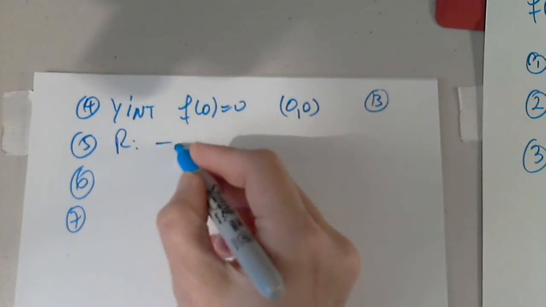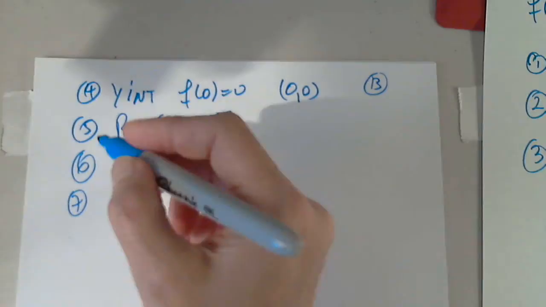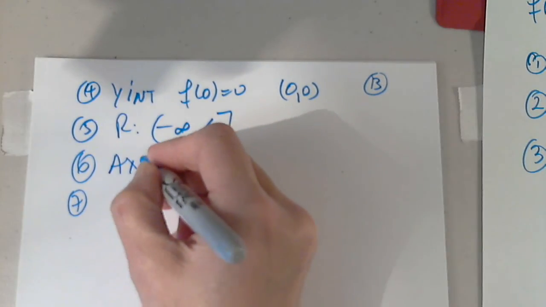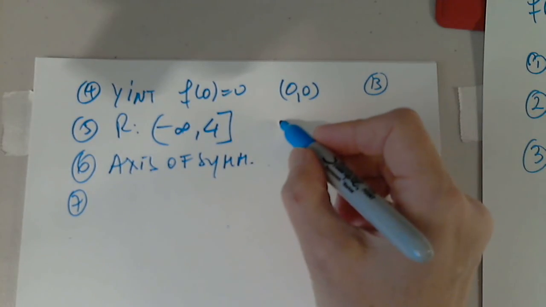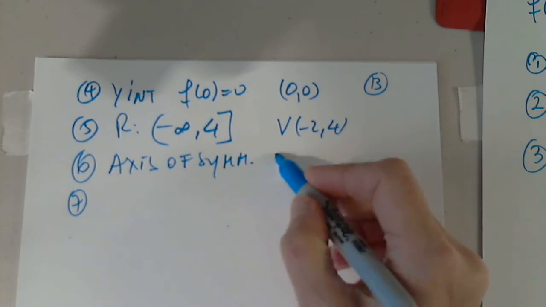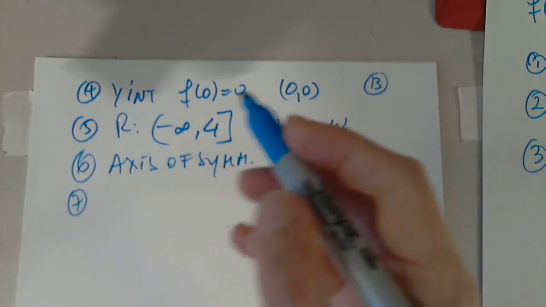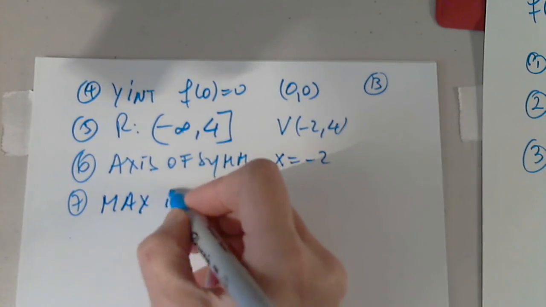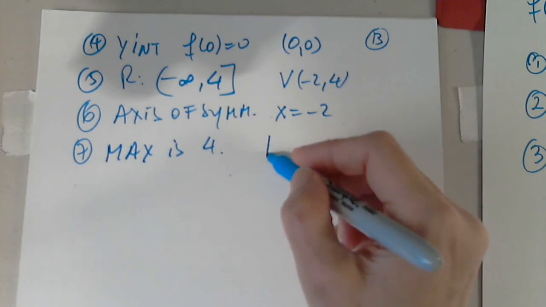I know the range: negative infinity to 4. The axis of symmetry, because the vertex is negative 2 comma 4 right here, is x equals negative 2, and because the function has a maximum, 4 is from the range also.